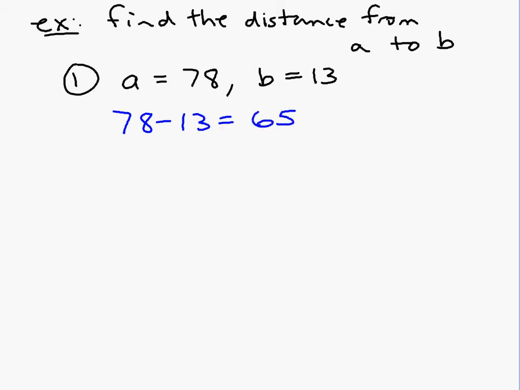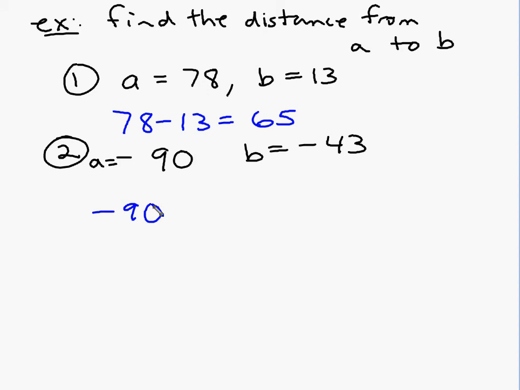Okay, but then they might mess with your brain a little and say, okay, A is negative 90, B is negative 43. Well, just do exactly the same thing.